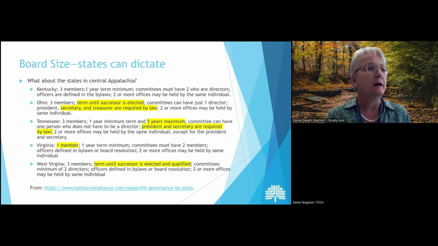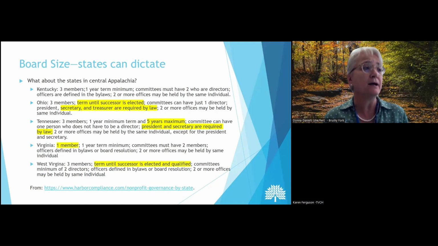And so that could potentially be a shorter term or a longer term, however you want to look at that. Tennessee actually sets a maximum on the length of a term that a board member could serve. And so they have a 1-year minimum term and a 5-year maximum term.